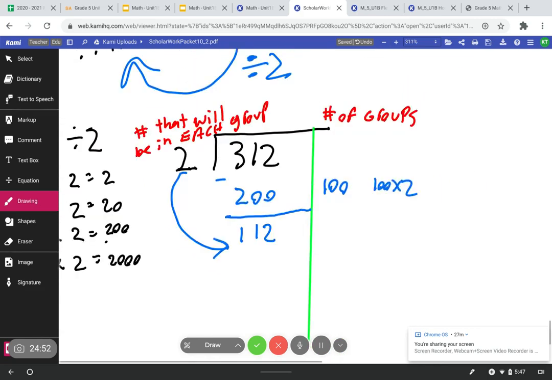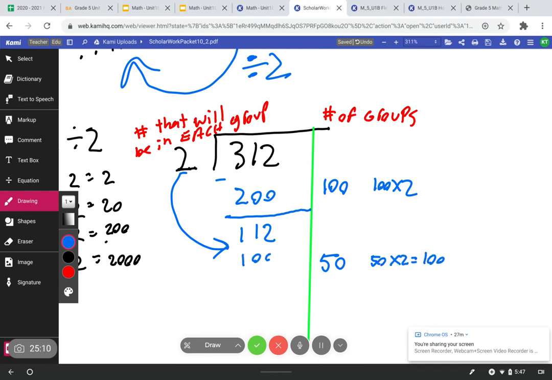Well, I cannot make a group of 100 because that would be 200 and there's not enough for that. So let's do 50. If I do 50 times 2, that equals 100. That leaves me with 12.